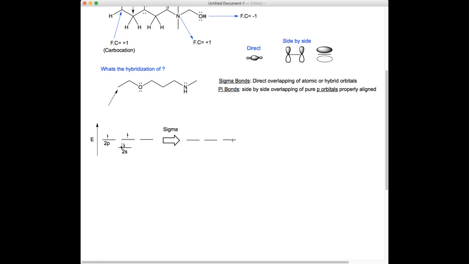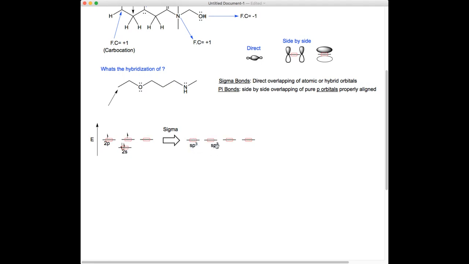No secrets with that. And those 4 hybrids, since we are combining 1 s and 3 p, we are forming 4 sp3 orbitals. Okay? So that's what's happening before bonding.